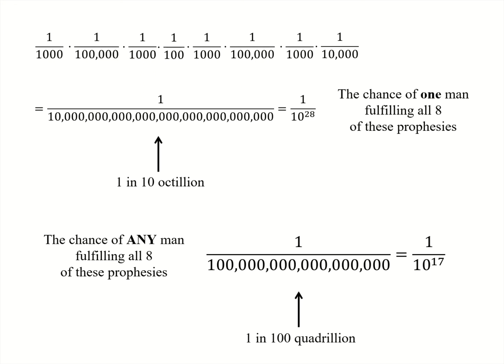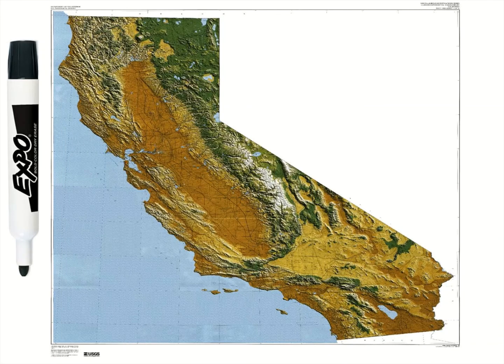So even if you're not a big fan of the Bible, you will find this interesting about the number 100 quadrillion. Suppose we take 100 quadrillion dry erase black pen caps and lay them on the face of California.